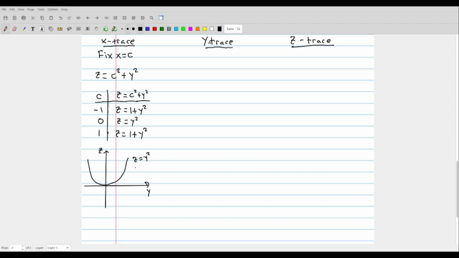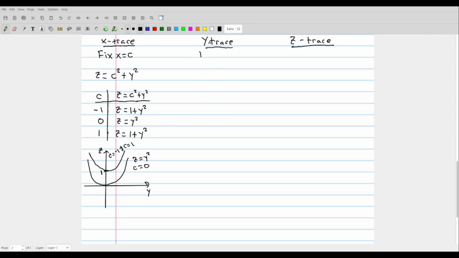Both when c equals -1 and when c equals +1, you get a parabola that looks very similar, but it's shifted up by 1. If you fix x at other values of c, you're going to get other parabolas.